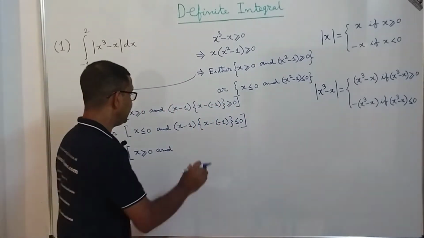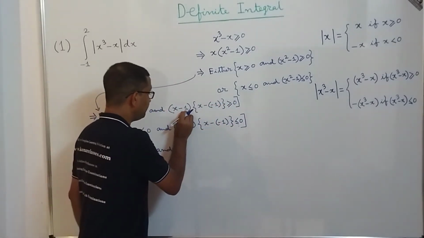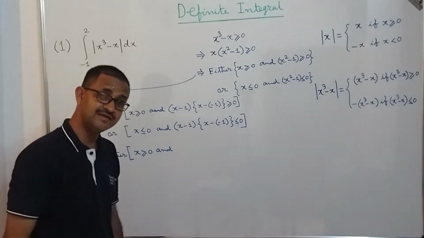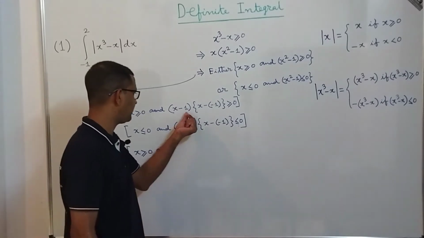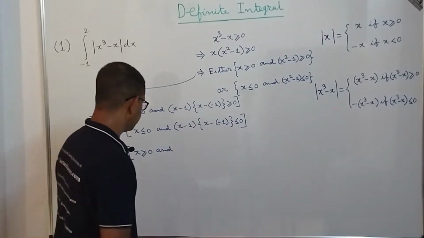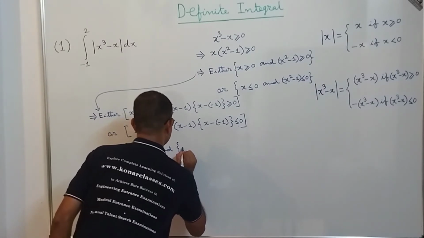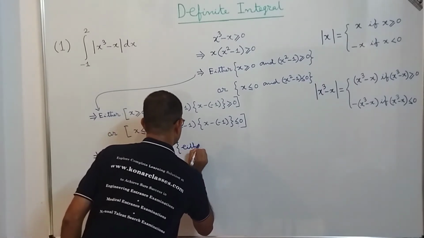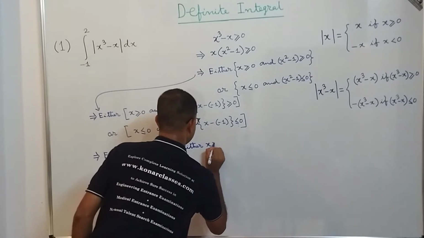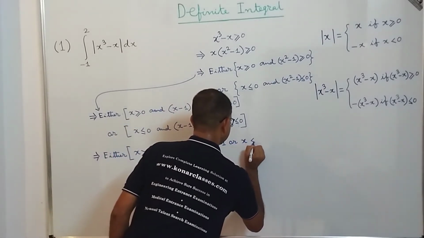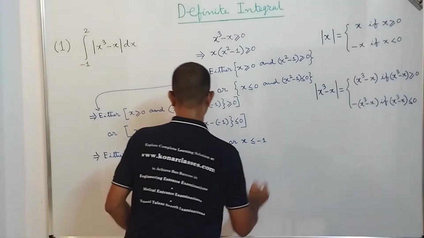That means either x is greater than the maximum of 1 and minus 1. The maximum of 1 and minus 1 is 1. So we can write here, either x is greater than or equal to 1 or x is less than or equal to minus 1.